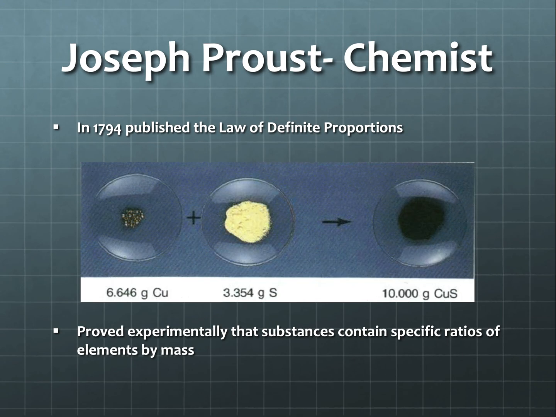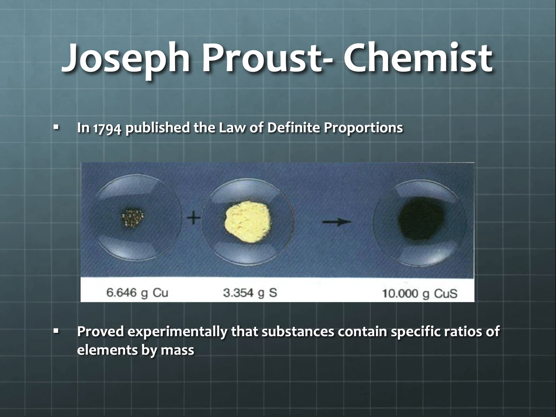Now, Joseph Proust was another chemist at this time. In 1794, he published what is known as the law of definite proportions. That law tells us that all compounds have the same ratio of elements by mass.